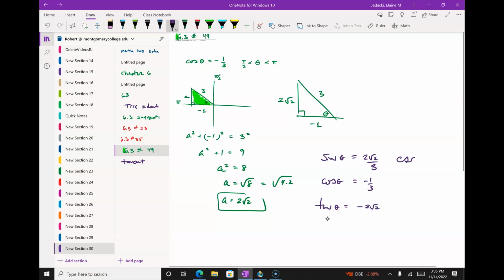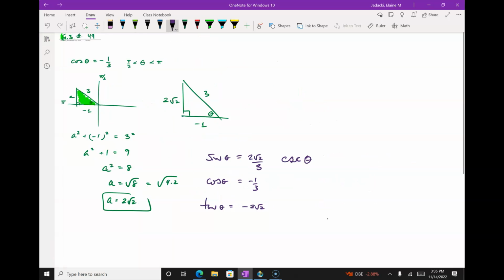What's the cosecant? Three over 2 rad 2, which is 3 over 2 rad 2 times rad 2 over itself, which is 3 rad 2 over 4. Rationalized. Is that okay with everybody?